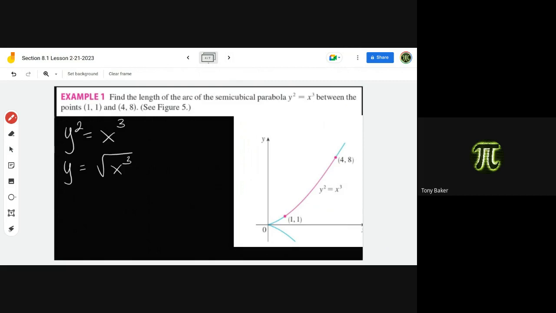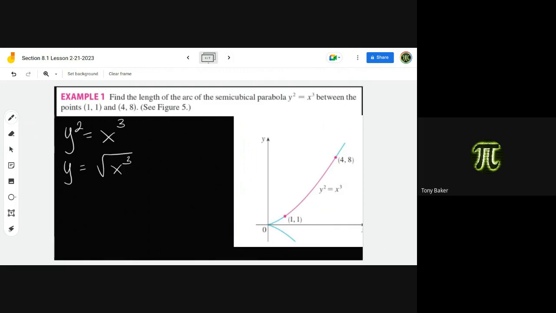If it comes out to be exactly the same, it'd be even across the y-axis. If you want to test it against the x-axis, you plug in -y. If it comes out to be the same, it's going to be symmetric across the x-axis. So it'll work the same way. You could just switch the variable. Yes, you could do it that way too.